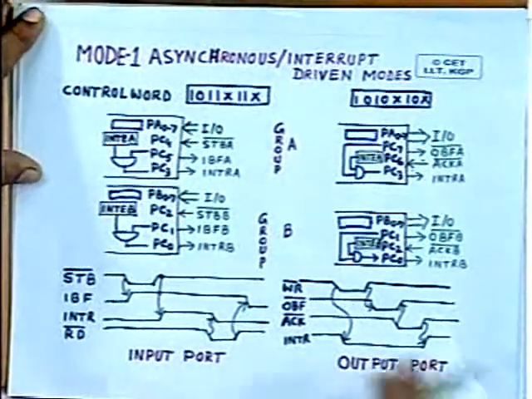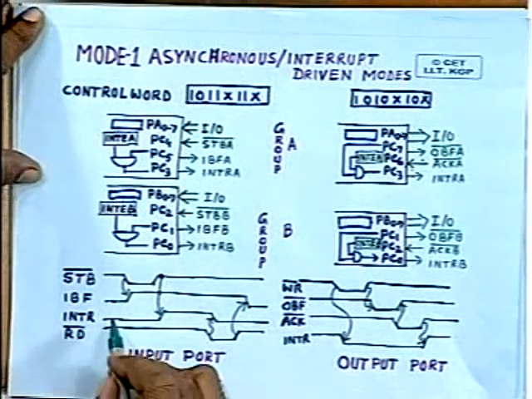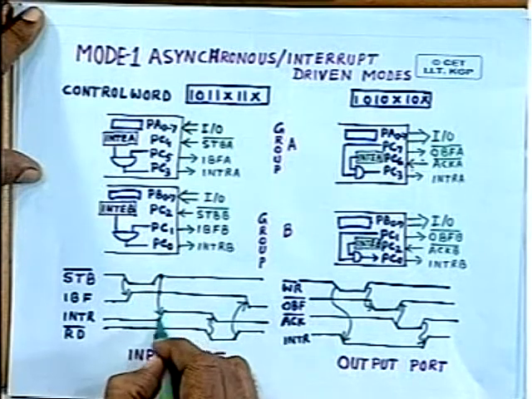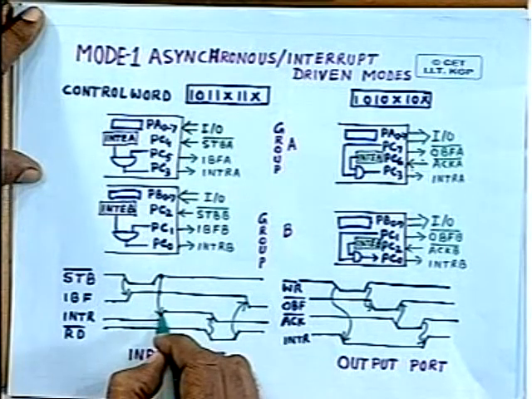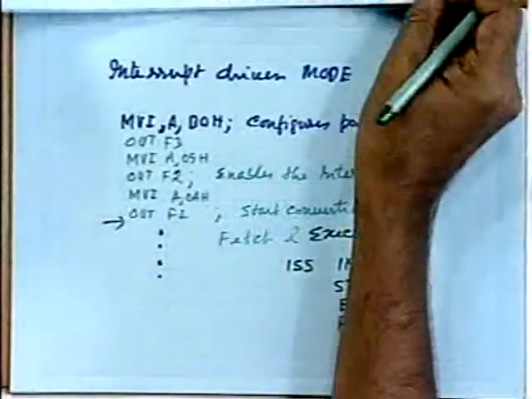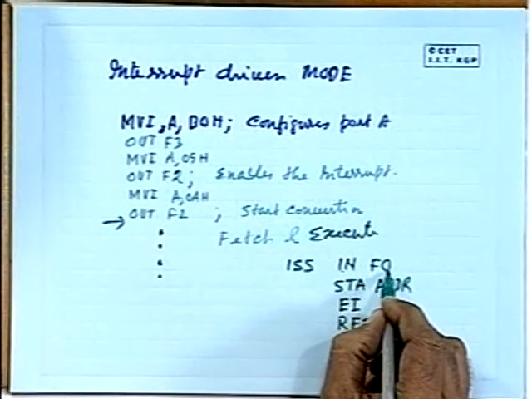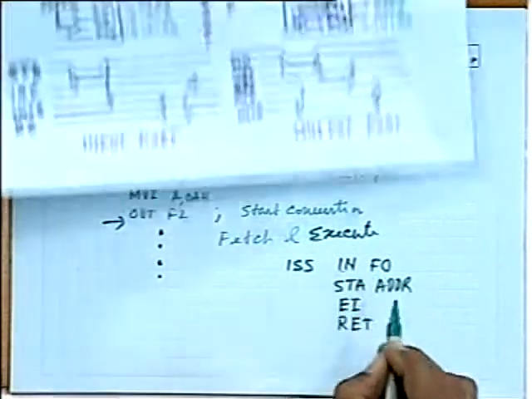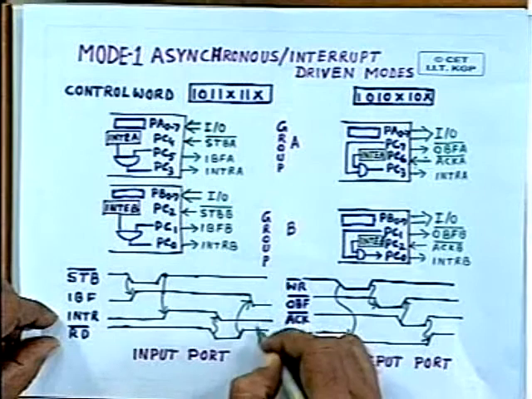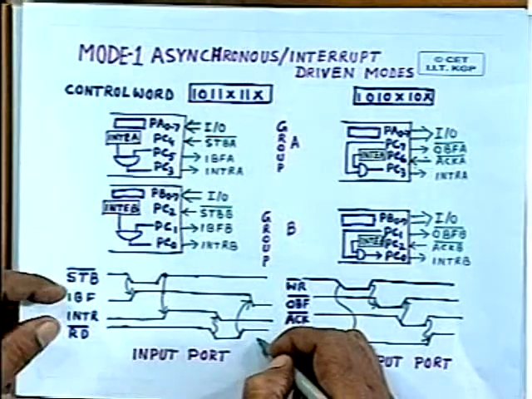So, here as you can see, as the data is transferred, input buffer is full, interrupt is generated. So, that interrupt will lead to a reading operation which is performed here in F0, and this will disable the interrupt and it will make it ready for the next data transfer.